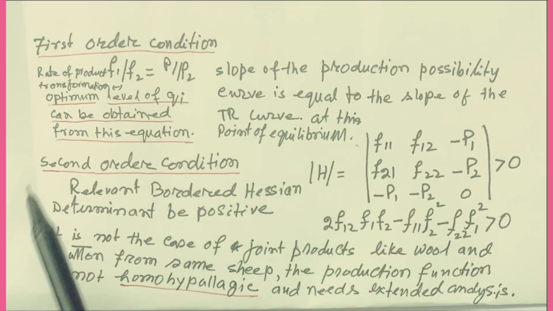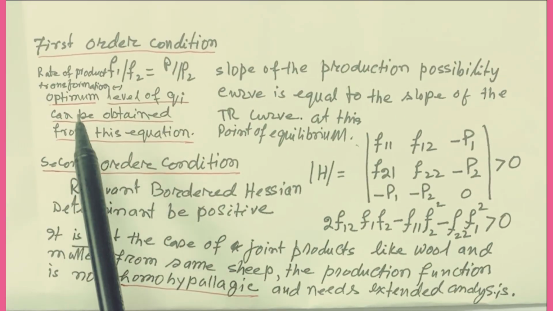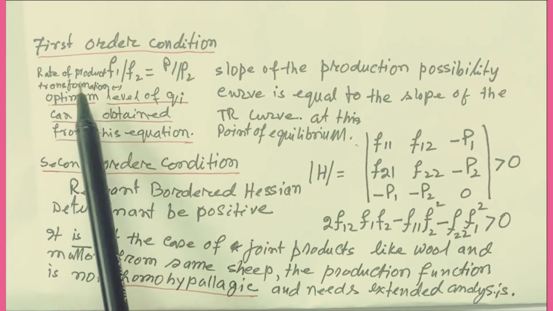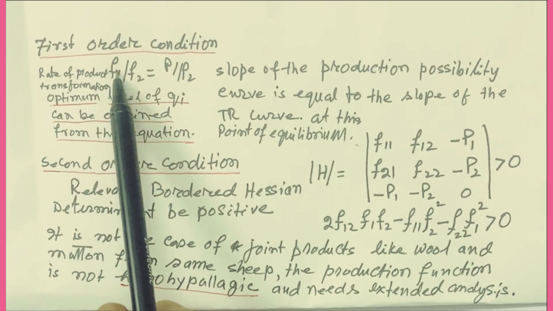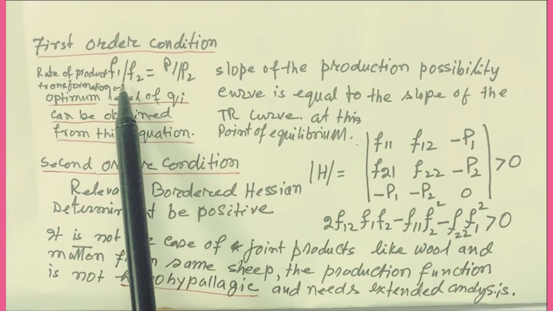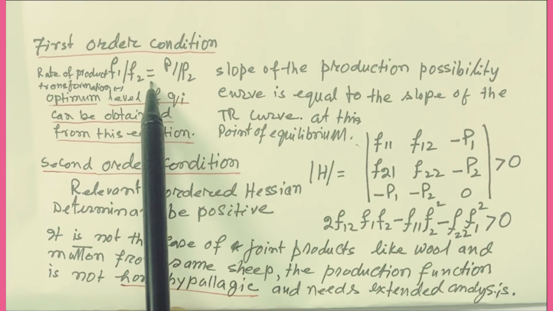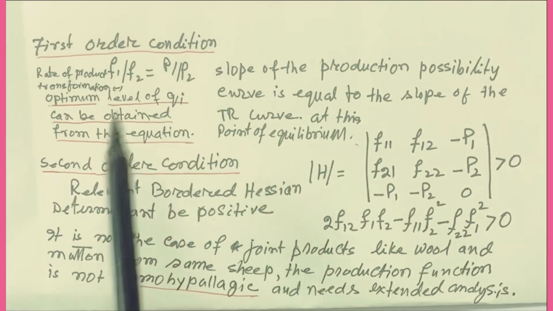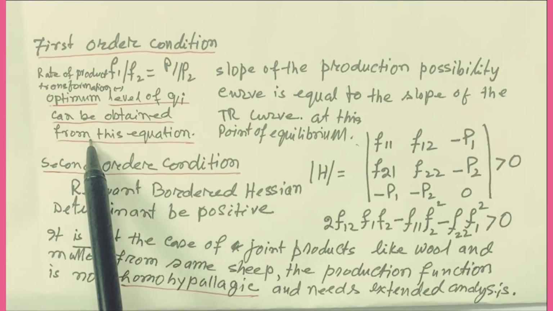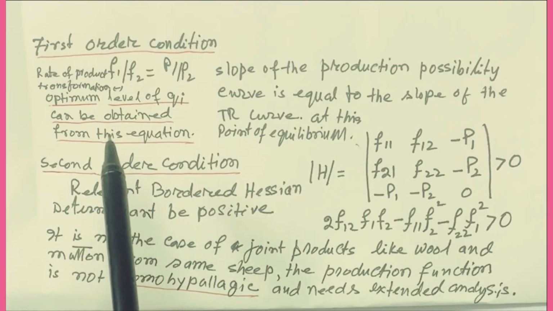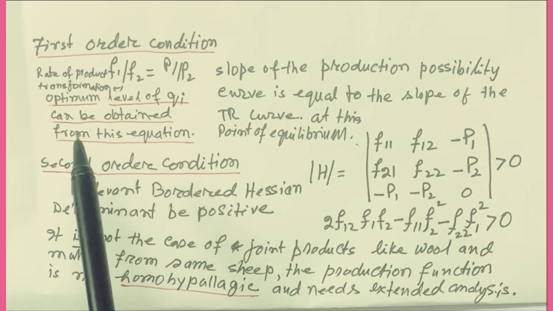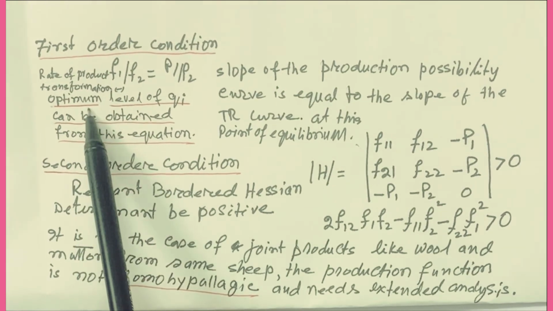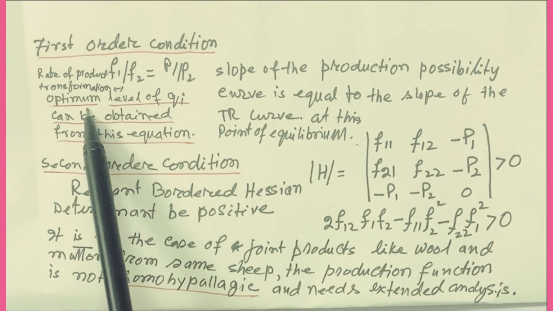The first order condition states that the rate of product transformation, F1 by F2, is equal to P1 by P2. This production possibility curve is sometimes also known as the transformation curve or frontier curve.